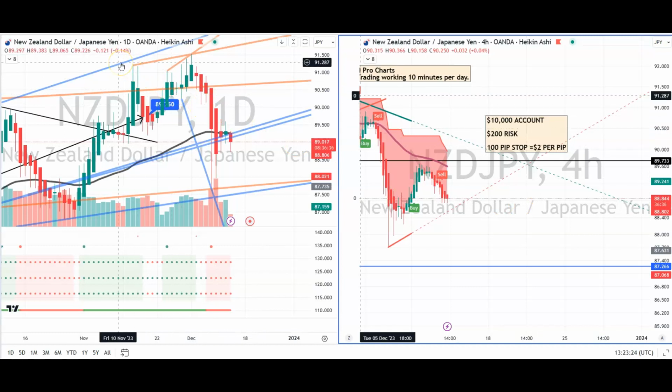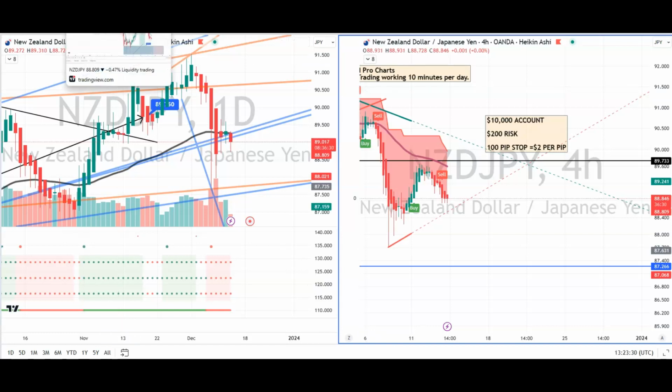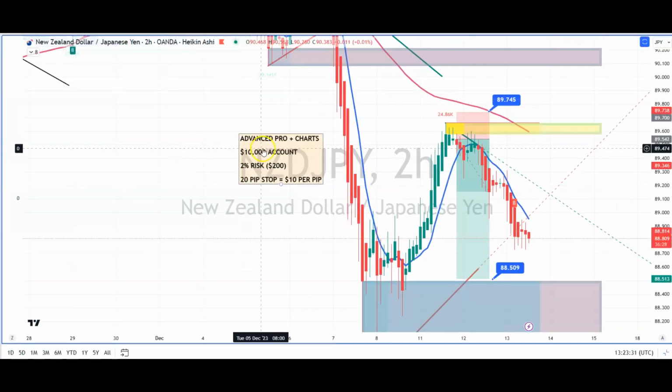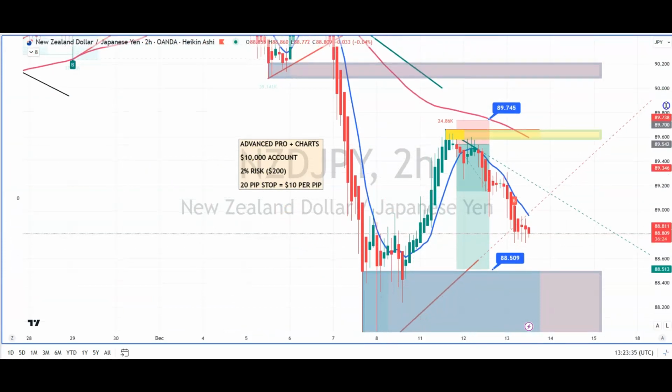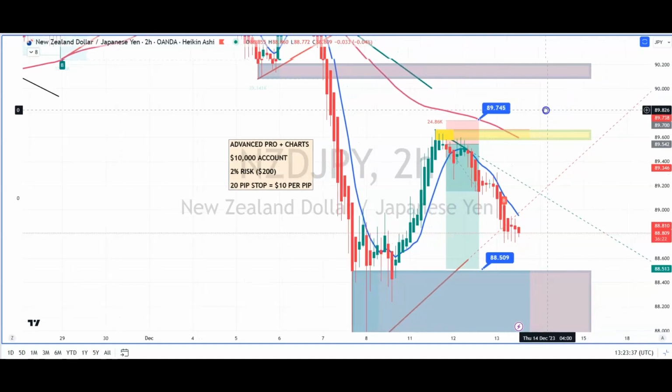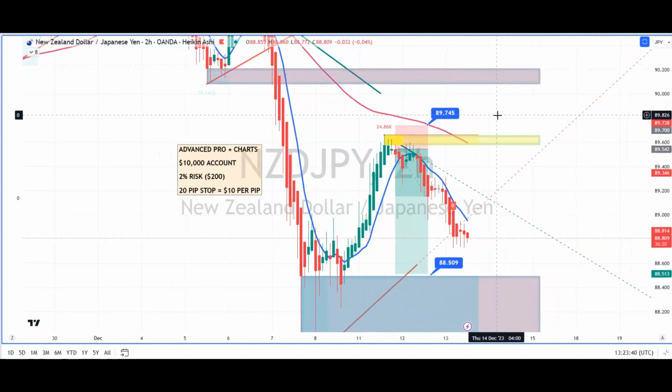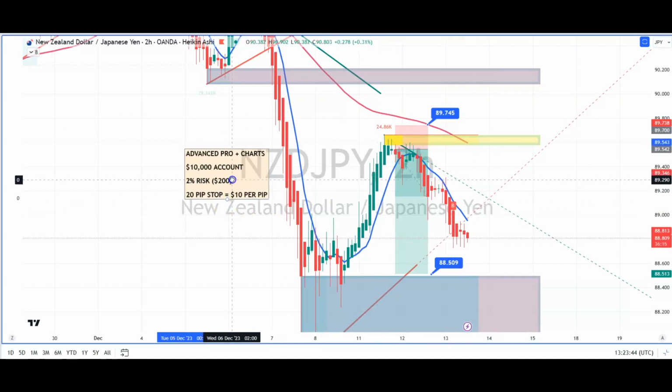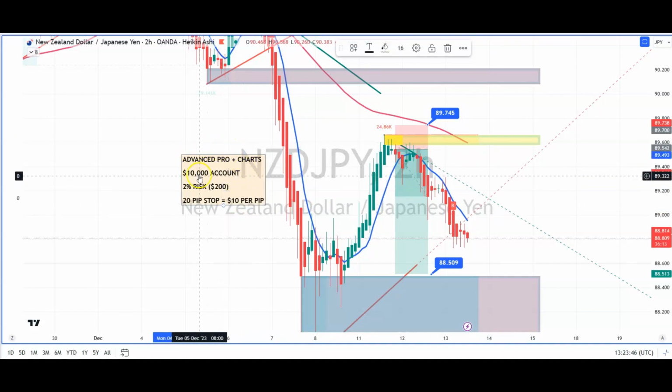Now, if you want to get more active and you want more profits, I'm going to show you this, which is the Advanced Pro Plus charts. This is the same chart, the same pair, New Zealand yen, and this is what I posted in the Forex Signal group. If you're signed up for that, congratulations. The same applies here on the Advanced Pro Plus charts: a 10,000 account risking $200.